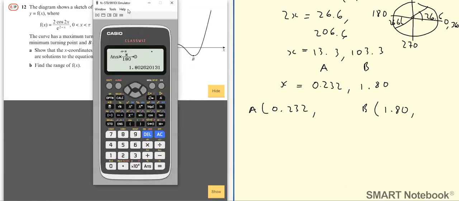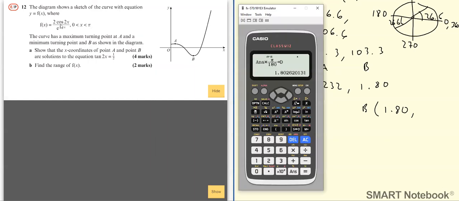I now just need to ensure that I'm in radian mode because my angles are in radians.